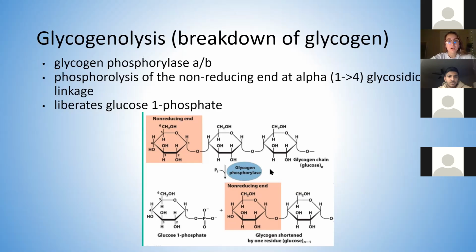This glycogen phosphorylase A/B phosphorylases these glycogen chains to liberate glucose 1-phosphate, which is important to note is different than glucose 6-phosphate. Another important point is that this enzyme works through a phosphorylase mechanism, so this isn't a hydrolysis. Essentially we are using a phosphate to cleave off one glucose from the chain of glycogen.